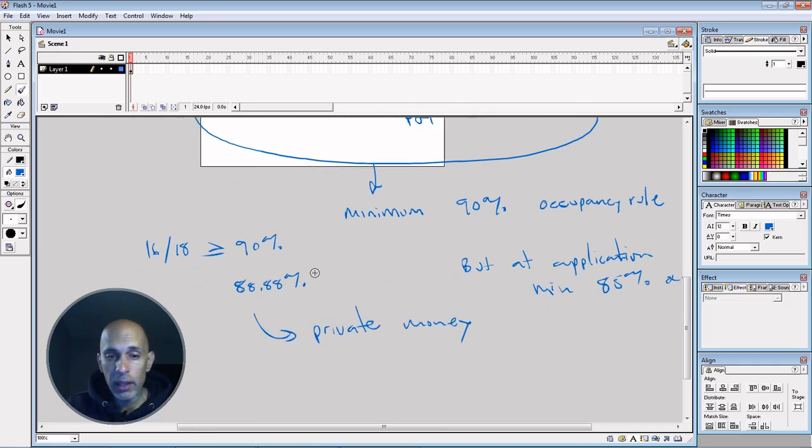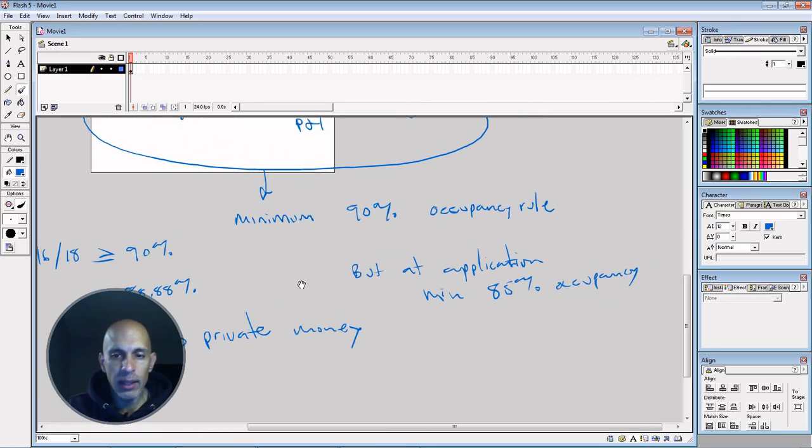So you can still get this building. It's just that upon closing, you have to fill that 1 vacant unit at minimum. That's the key. It needs to be 90% at closing. And then we'll go down to a 1.15x NOI over P&I.